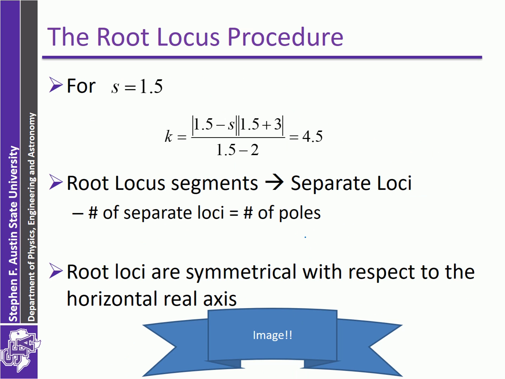So when we look at the criteria, the value of k that will make that root move into the 1.5 value will be equal to a k of 4.5. These root locus segments, or these little segments that we found on our axis, are what we call the separate loci. Sorry, it's loci. The number of separate loci is equal to the number of poles that we have in our system.